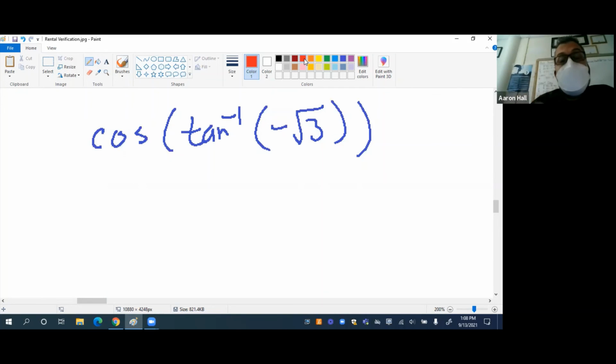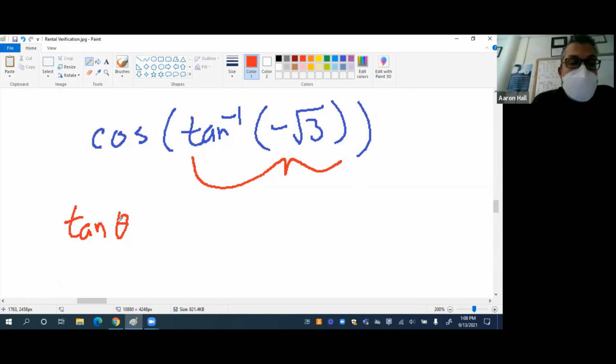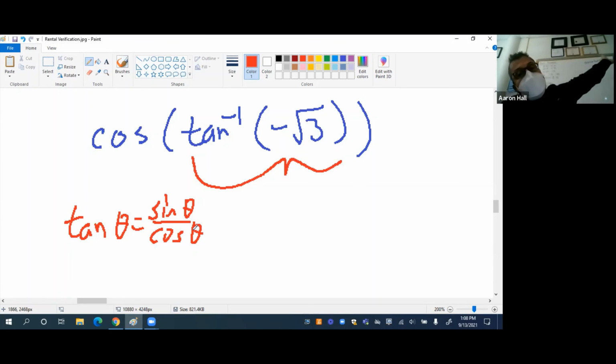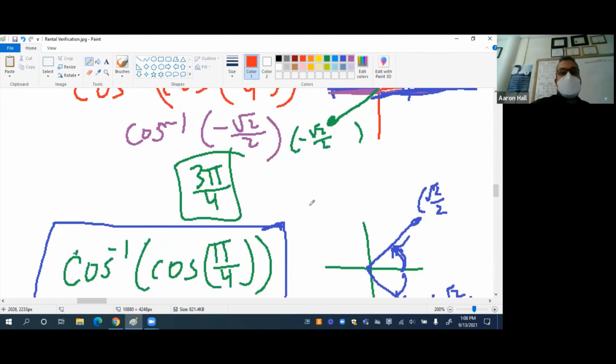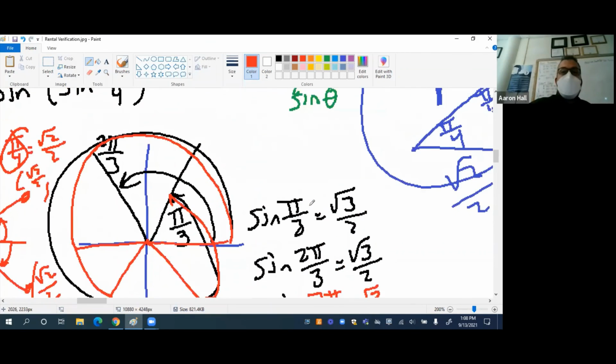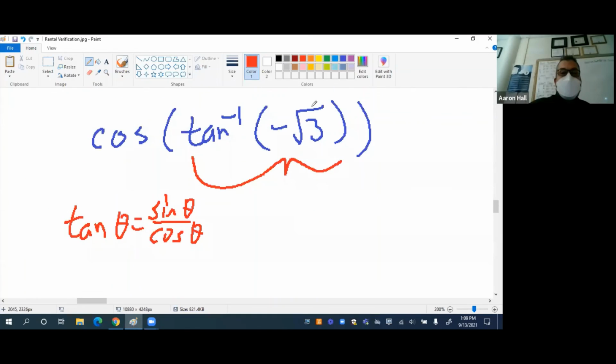Because of lack of time, we need to do something with this piece right here. Remember that tangent of theta is sine of theta over cosine of theta. What finger would we put down to get the square root of 3? So we're looking at the square root of 3, right?